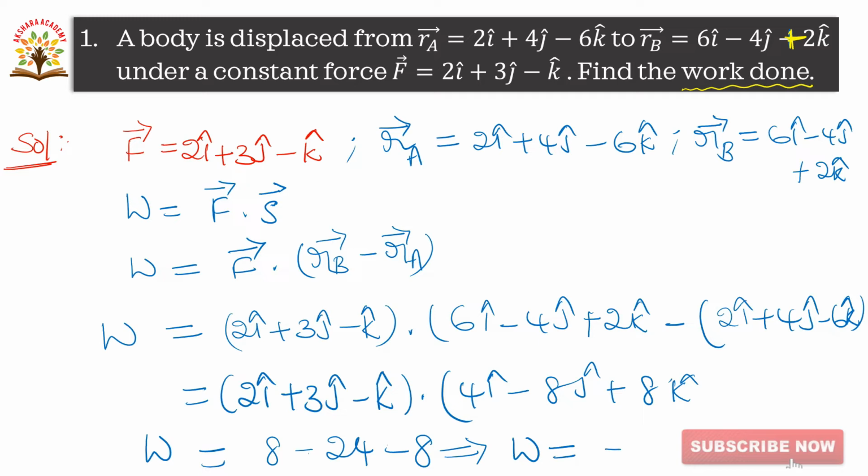So minus 24, or else plus 8 minus 8 will cancel, minus 24 units. So work done is equals to minus 24 units. This is the final answer.